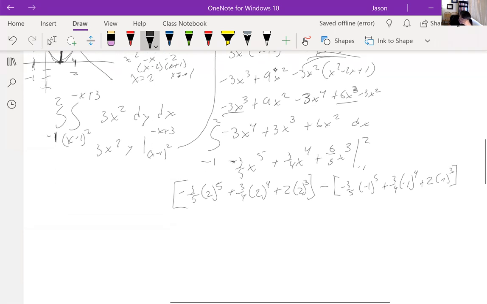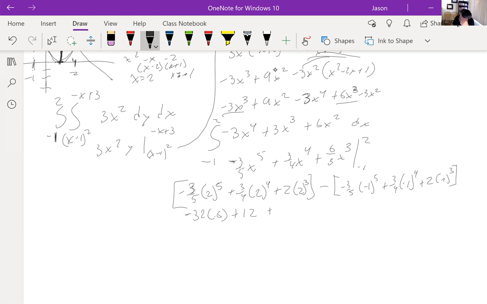Okay, so, well, I don't know how much you want to do this by hand. This 3/5 is going to be 0.6, and so we end up with 32 times 0.6. So this is negative 32 times 0.6. Okay, this is going to be 16 divided by 4 is 4, plus 3 times 4 is 12, plus 12.